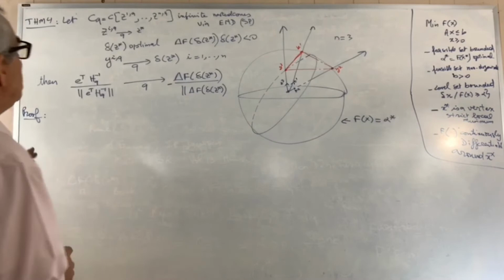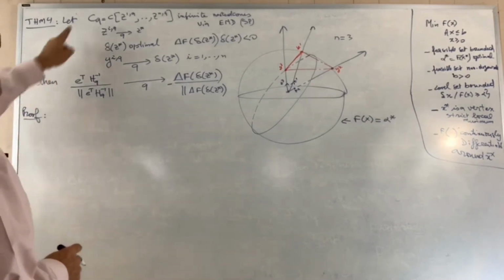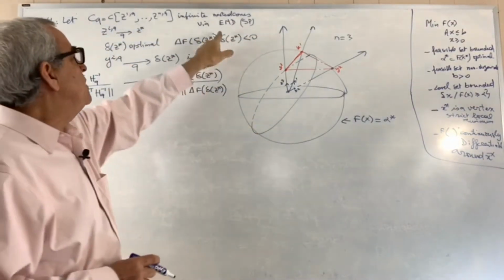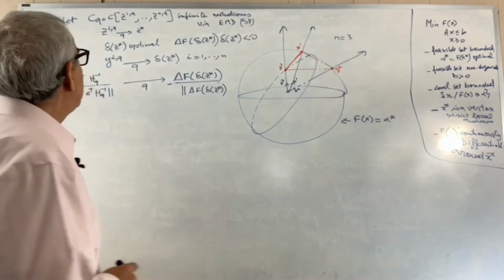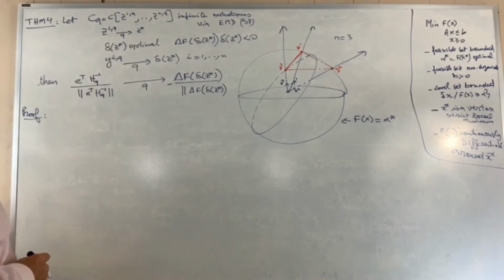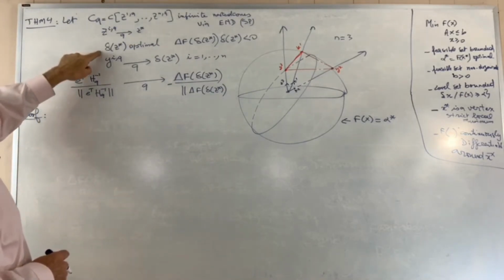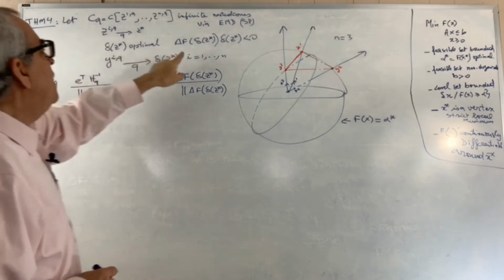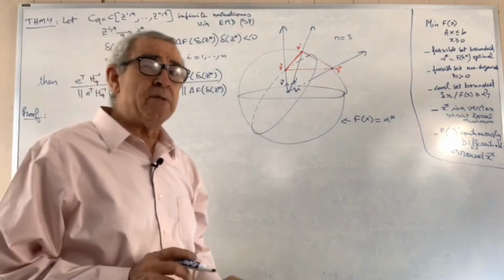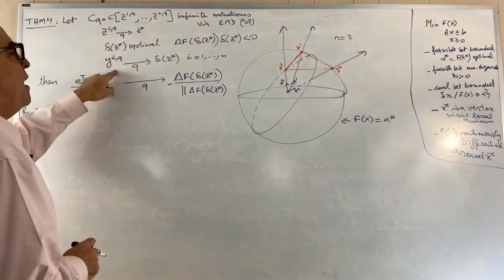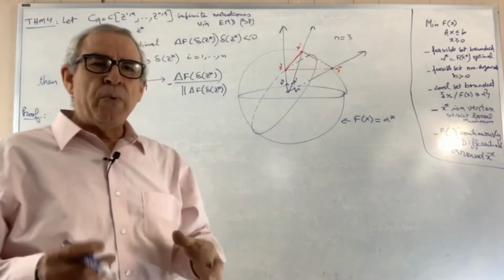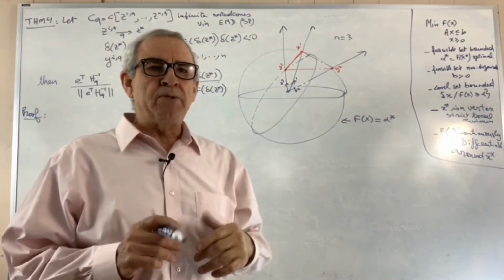Let's prove this important theorem. Again, we have an infinite sequence of nested cones obtained via the exhaustive non-degenerate subdivision process. The exhaustiveness implies z i q converges to the same vector z star. In the previous result, we showed that delta z star is optimal, and the gradient at delta z star times delta z star is strictly negative, so it's not zero. And the alpha extensions, the y's, all converge to the same vector. So we have all the conditions of the fundamental theorem.